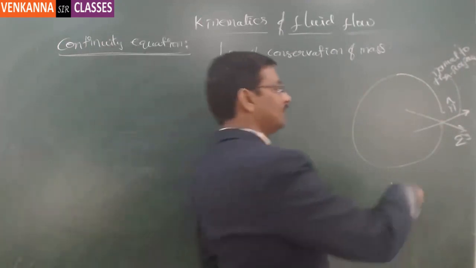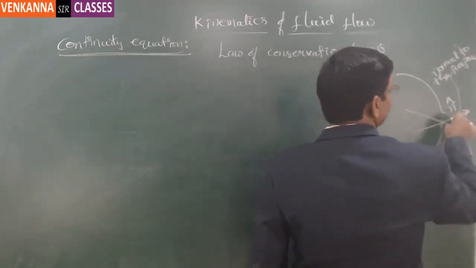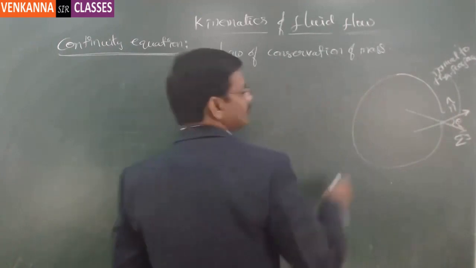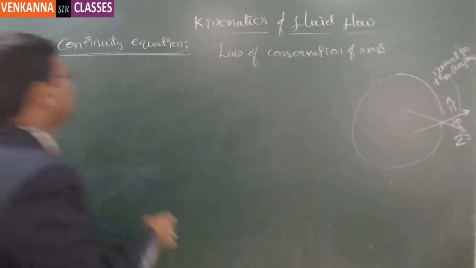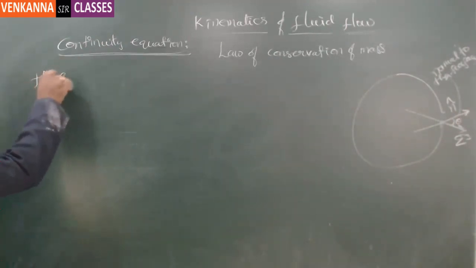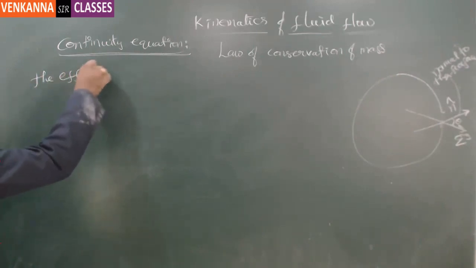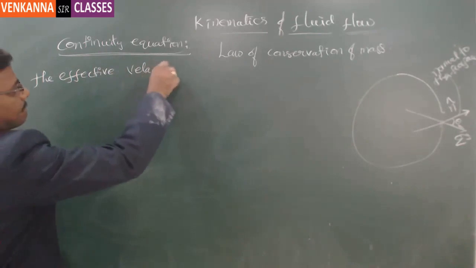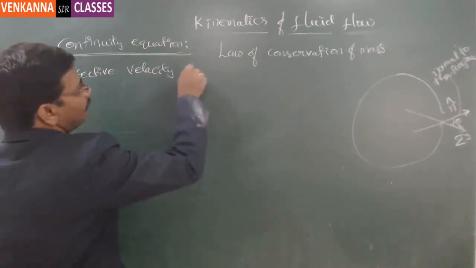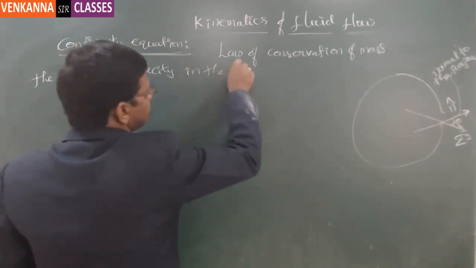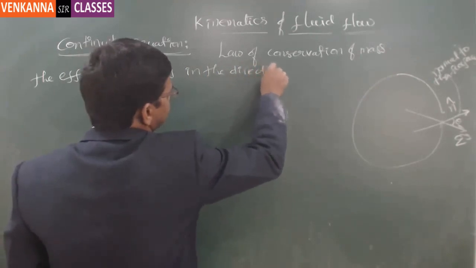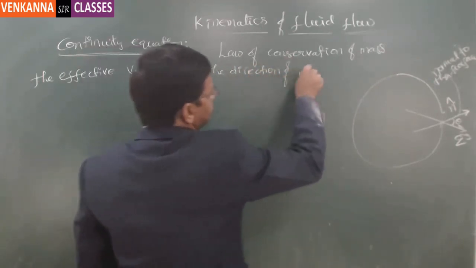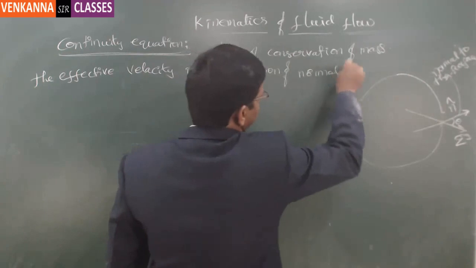Now the effective velocity in the direction of the normal will be obviously equal to the effective velocity in the direction of the normal to the surface.